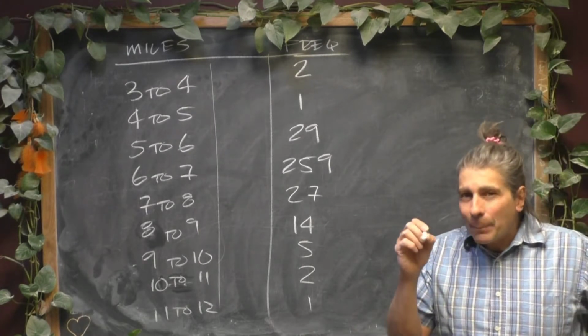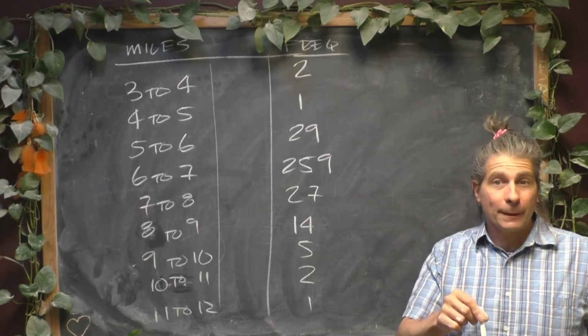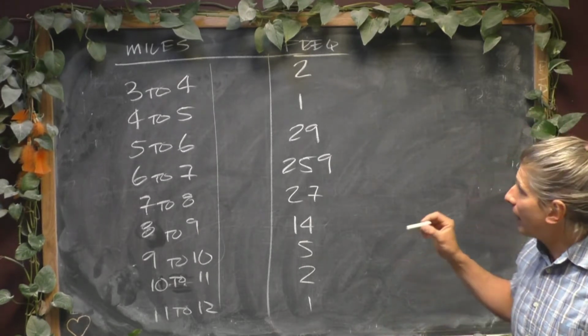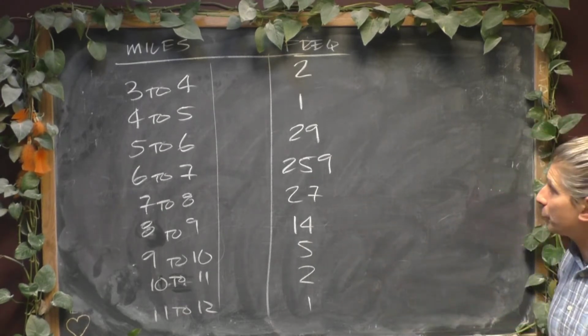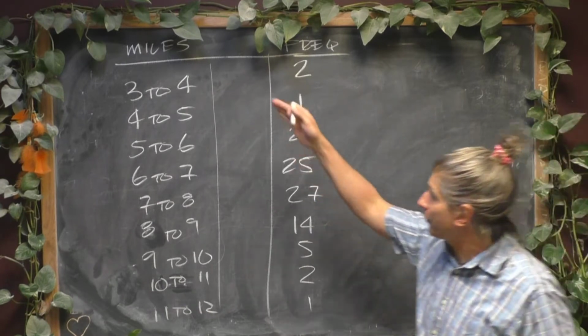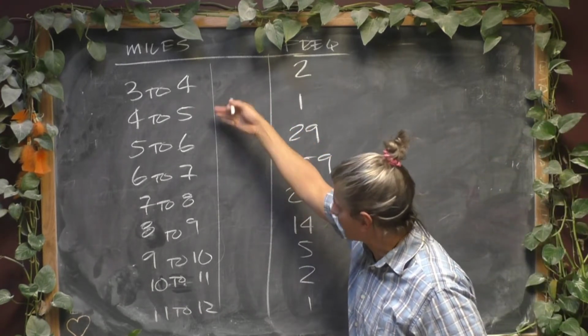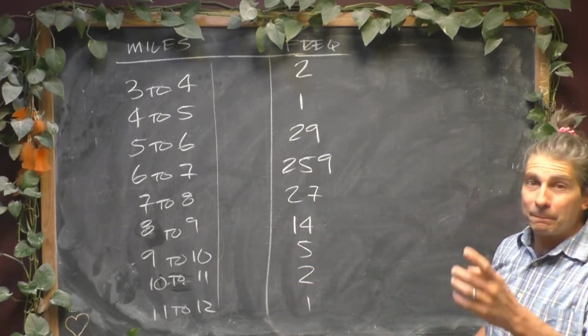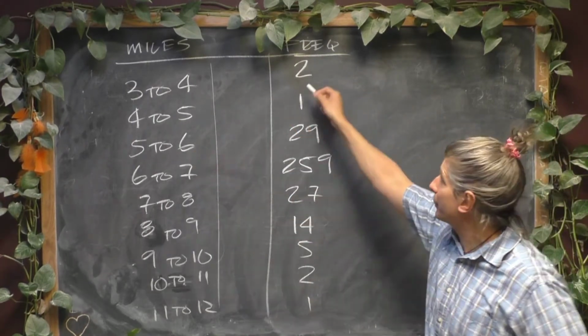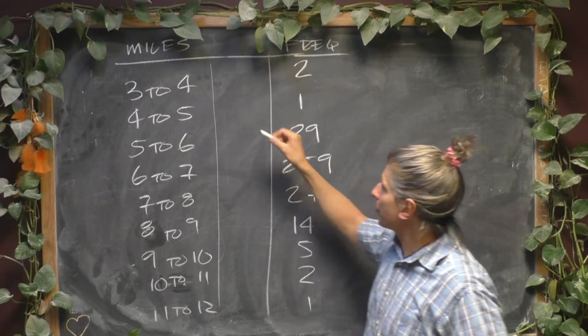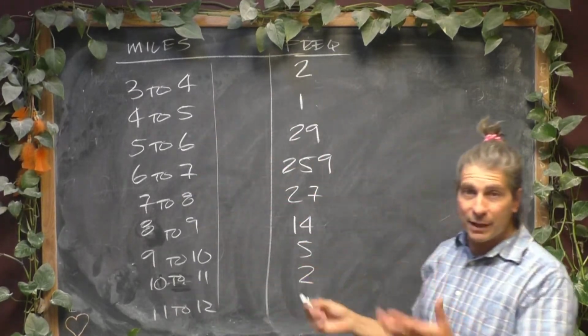But as far as a computational look at the average, I've taken the data from that histogram and put it into this distribution. It's exactly the same data, 3 to 4 miles, 4 to 5 miles, 5 to 6 miles, all the way down. And then the frequencies, which is how often we see each of those. So there were 2 commutes that were 3 to 4, 1 that was 4 to 5, and so forth.